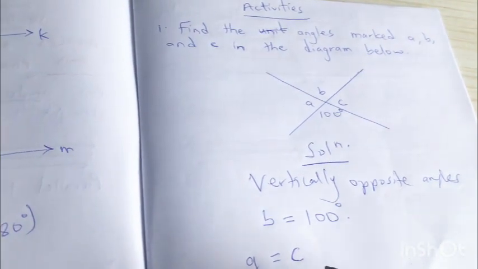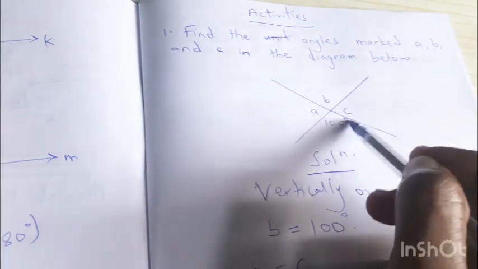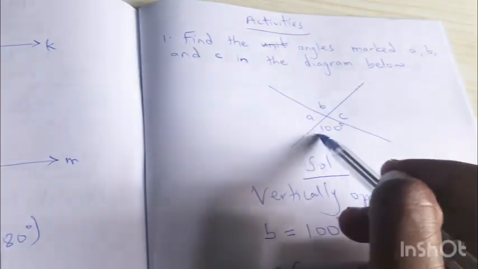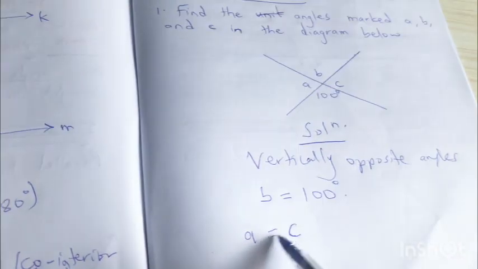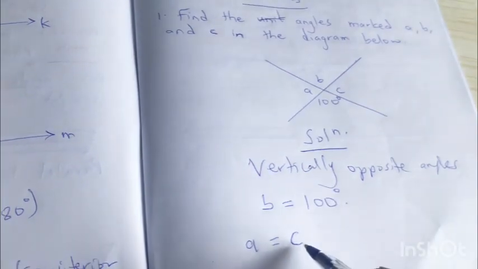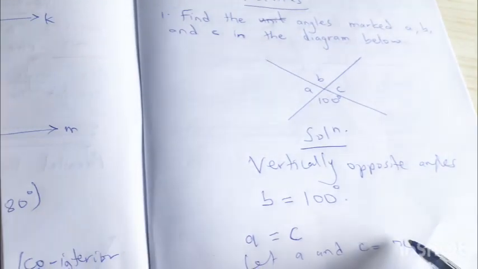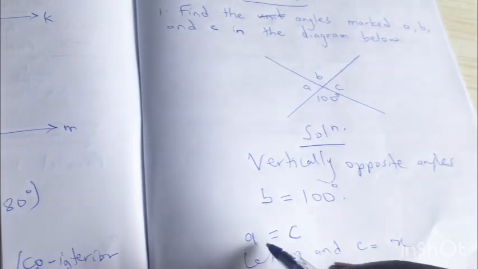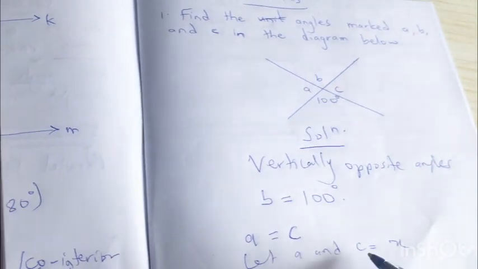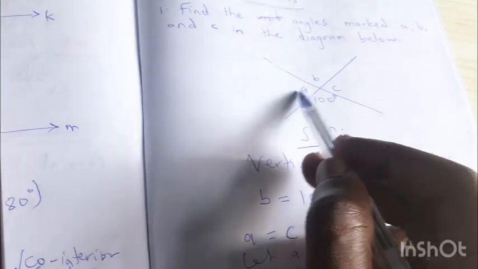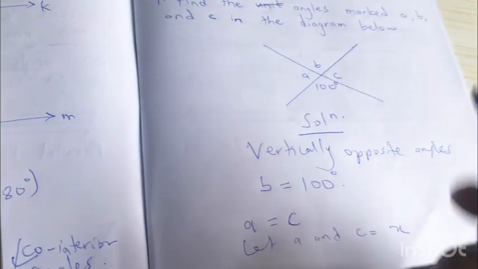Now remember, all these angles, when you add them, you get 360. It's like a circle. So if A is equal to C, we can say let A and C equal to X. If A is X, then C is also X.